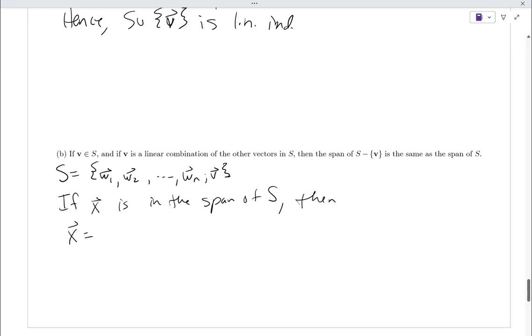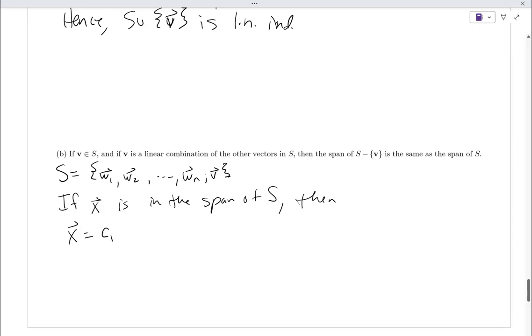If we start with some vector in the span of S, say X is in my span, how can I write X if it's in the span of S? Yeah, the linear combination of the W's with a V possibly in there, right?